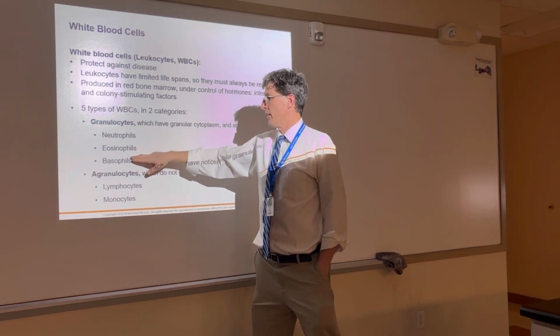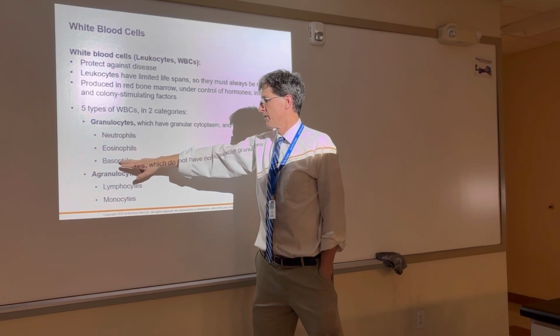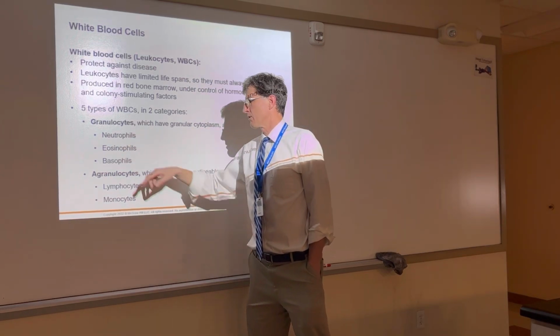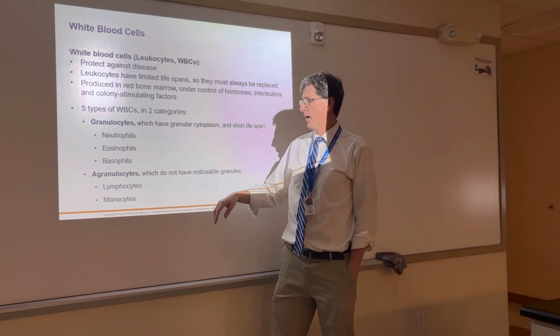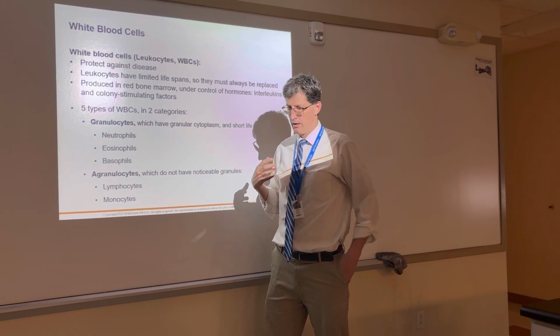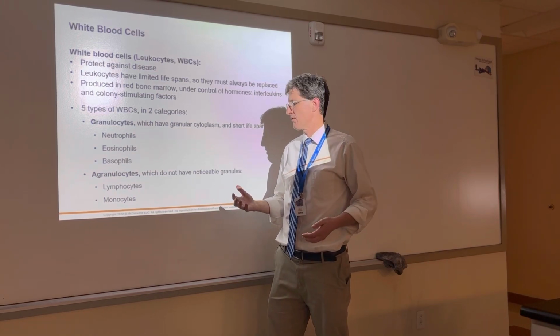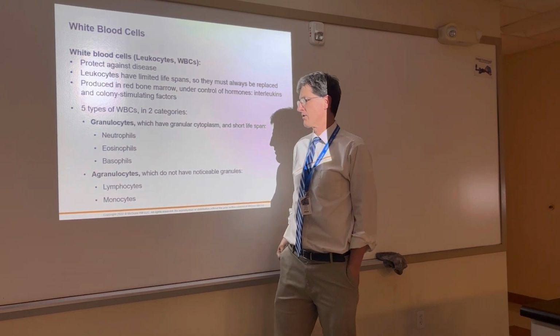There are three types of granulocytes: the phils, neutrophils, eosinophils, and basophils. To a certain extent, they're each going to have their own function. When we get certain types of infections or exposures to diseases, different things will trigger increases in those kinds of cells.